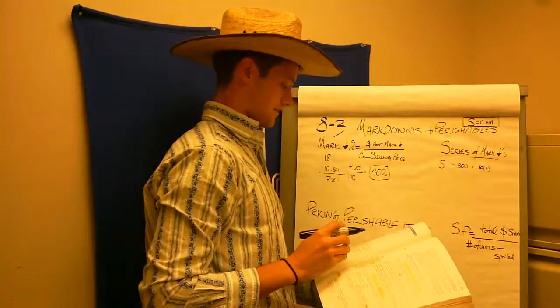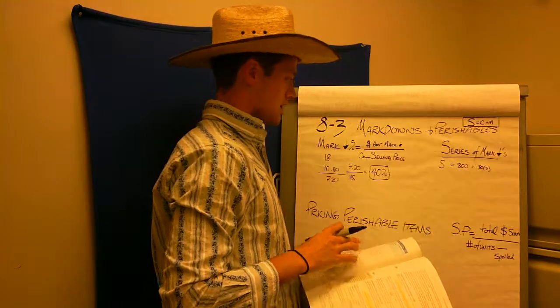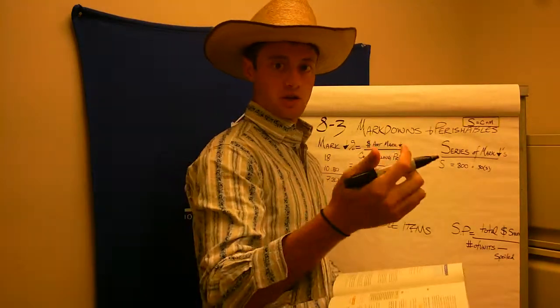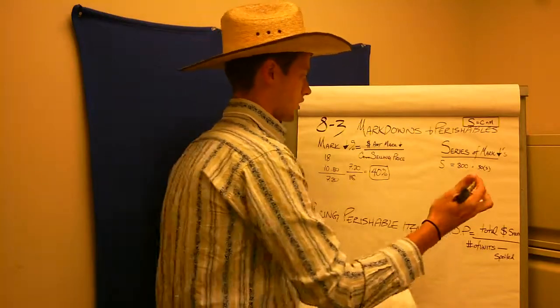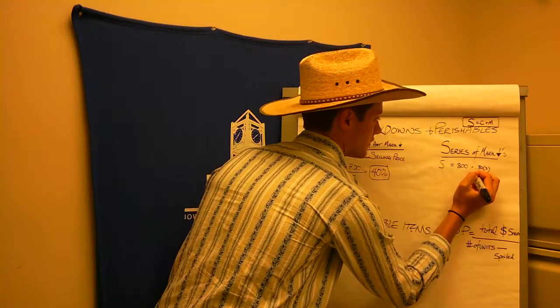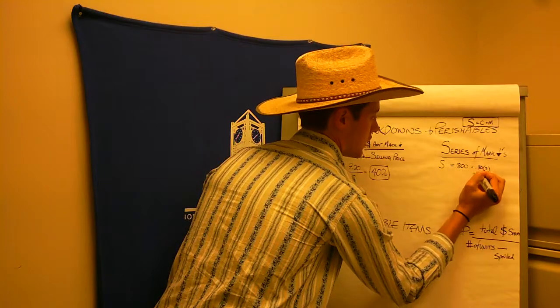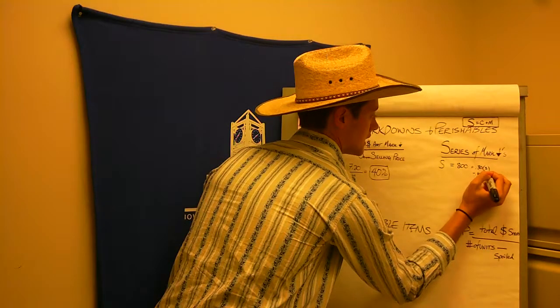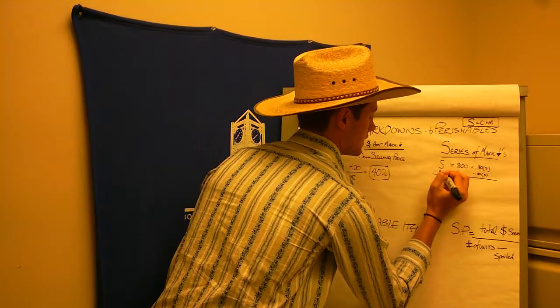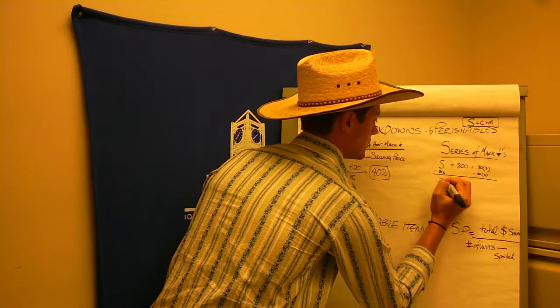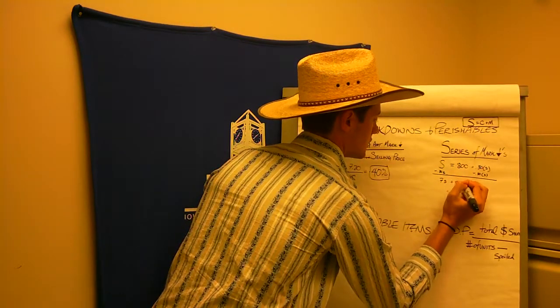Let's figure out the price before we go into all the different markdowns and markups after that first week. So we get rid of our 30% selling, and we have 0.7 selling equals 800.